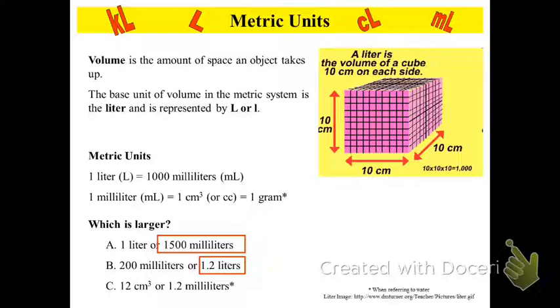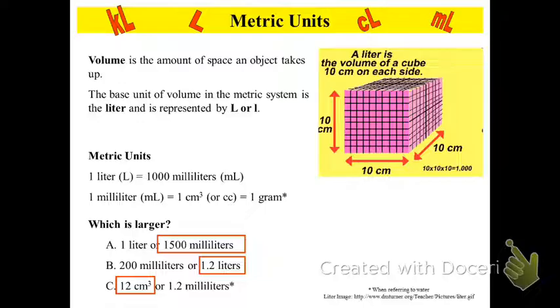And then the last one, 12 centimeters cubed or 1.2 milliliters, and that's when we're talking about water because you got that star there. 12 centimeters cubed is bigger because that's the same thing as 12 milliliters. Or 1.2 milliliters is the same as 1.2 centimeters cubed.